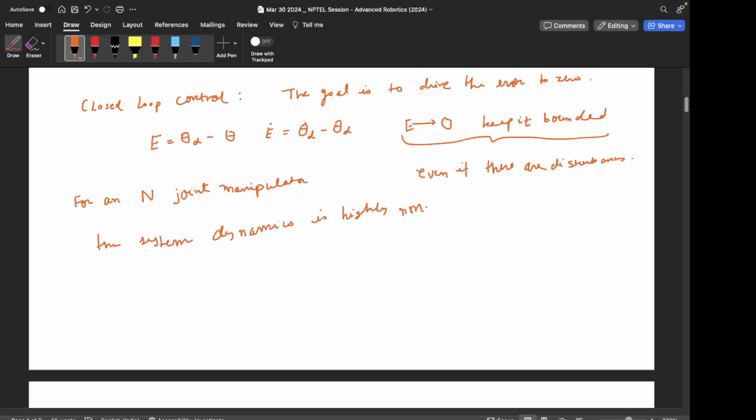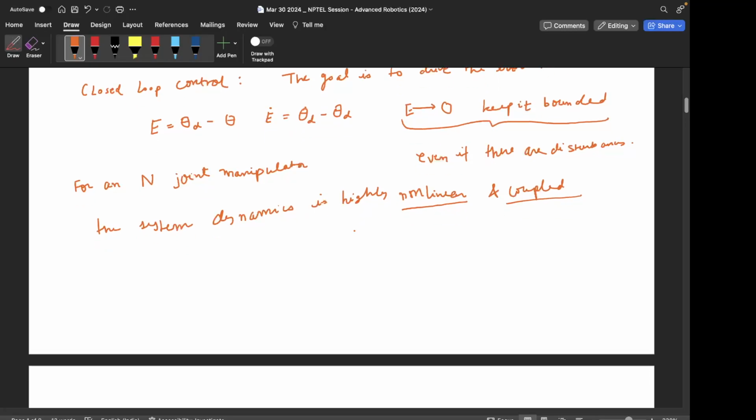So the differential equation there is a coupled nonlinear differential equation, right? It's not as simple as our second order linear differential equation which we have seen in the previous discussion hours.